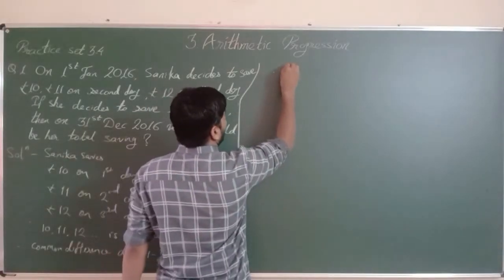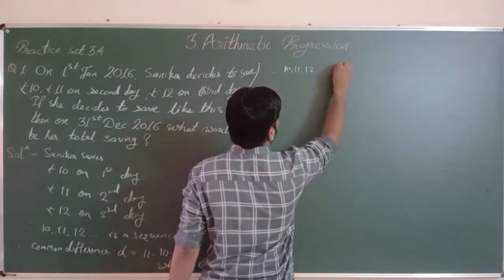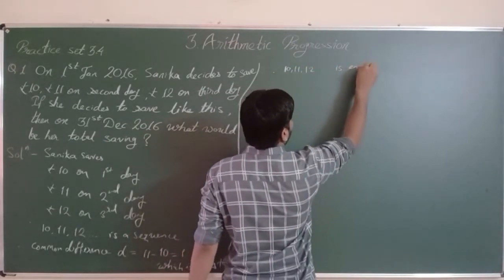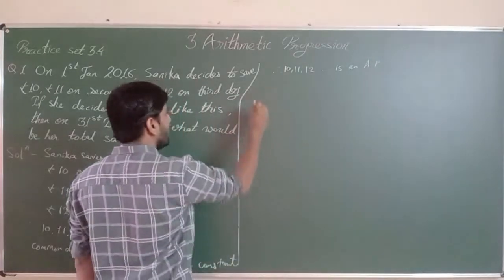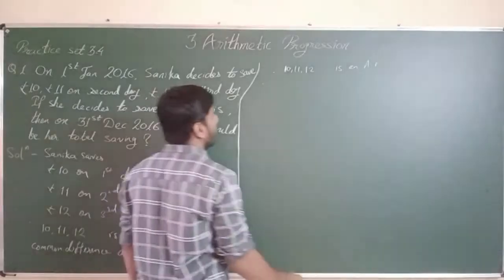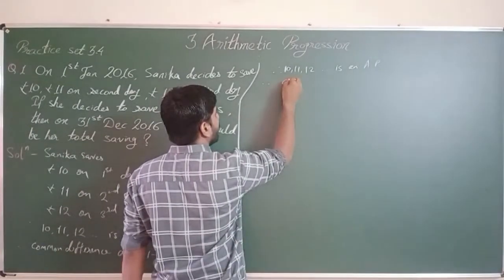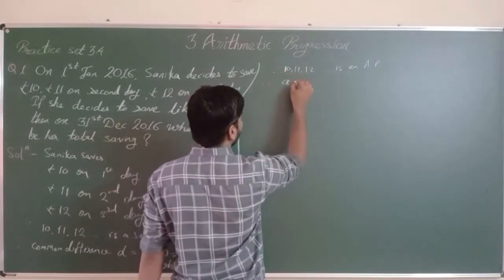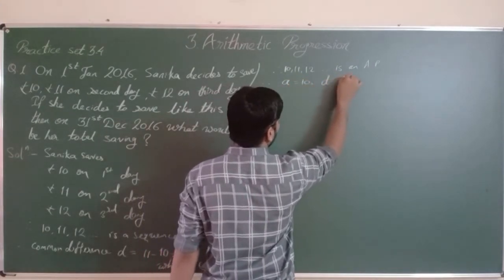Therefore 10, 11, 12 is an AP, that is arithmetic progression. Therefore we can define terms, first term and the common difference, where first term a is equal to 10, and d, that is common difference, is 1.